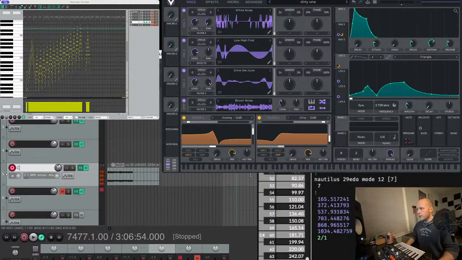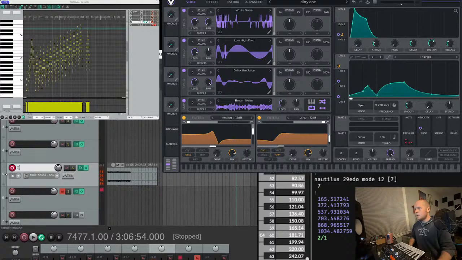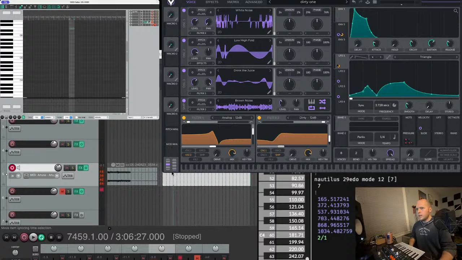I think I might try inputting some MIDI on the piano roll and manually adjusting some of the velocities.